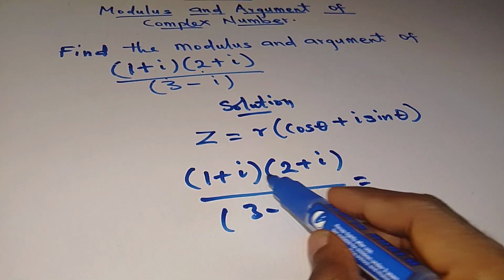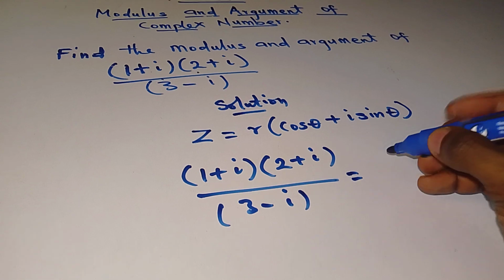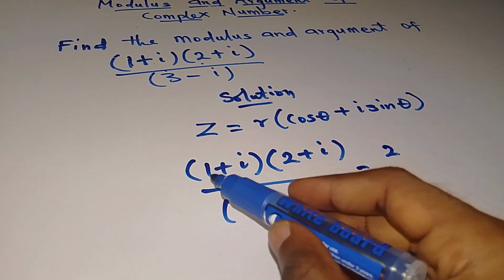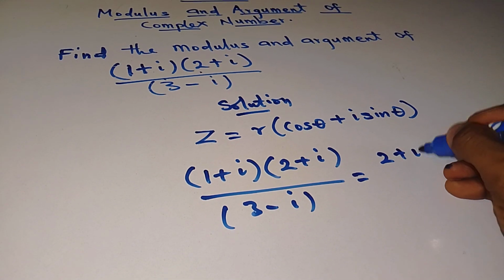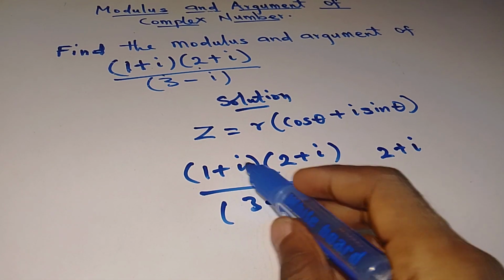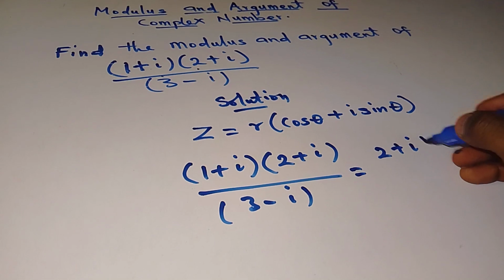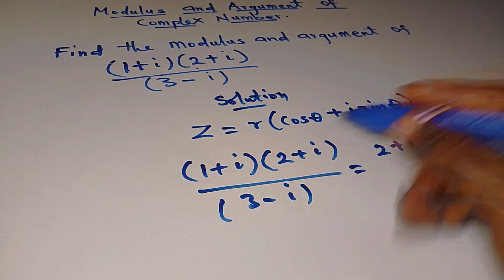Let's simplify the numerator first, that is (1 plus i)(2 plus i). We expand the brackets: 1 times 2 is 2, 1 times i is plus i, then i times 2 gives plus 2i.